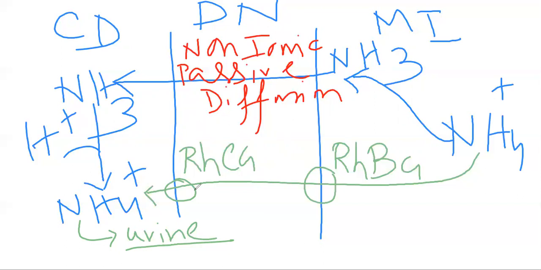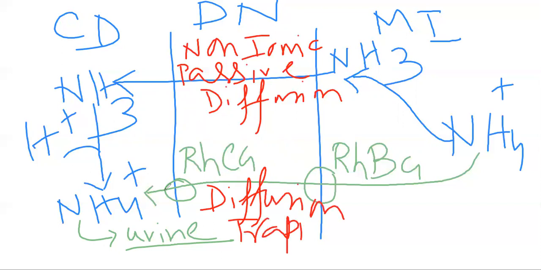It will again be reabsorbed in the medullary interstitium, and finally at the distal part of the collecting duct, this ammonium ion will again be secreted into the collecting duct from the medullary interstitium, either by non-ionic passive diffusion or by diffusion trapping.